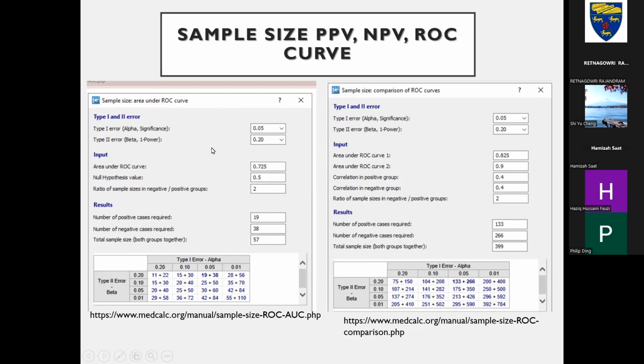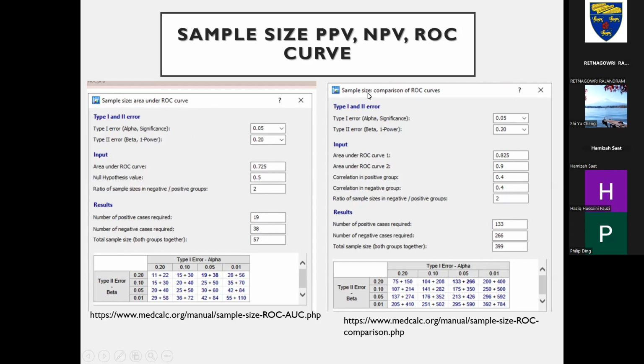But what happens when you're trying to prove 2 different scoring systems, okay? Like say you've got stone scoring system A, and the area under the curve, you have those numbers from a previous paper where they're looking at scoring system A compared to scoring system B. Then you do not use this because this is just for one.